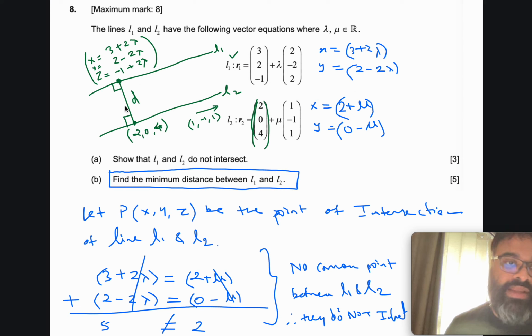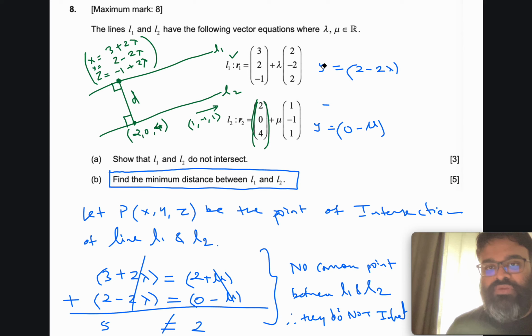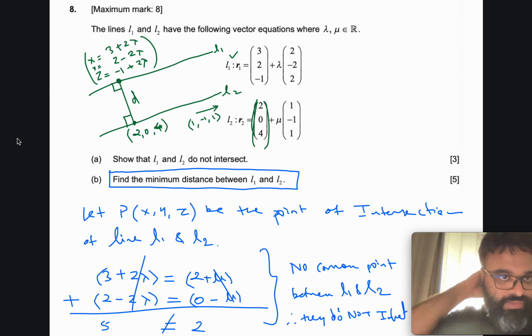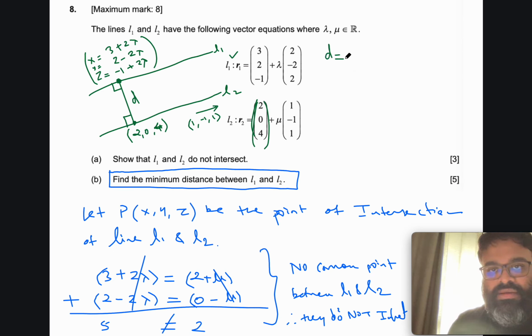And now what I want to do is find this distance here. To do that, let me clear some space here so I can do the remaining work. Okay, so now the D, let's find this vector, the D vector, right? So it is 3 plus 2 lambda, 2 minus 2 lambda, and minus 1 plus 2 lambda, and all this minus (2, 0, 4).